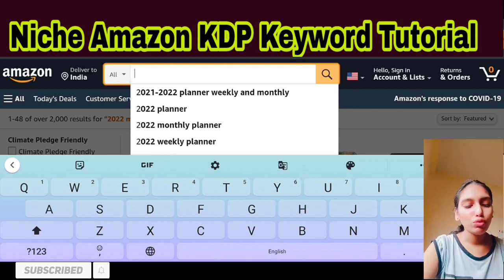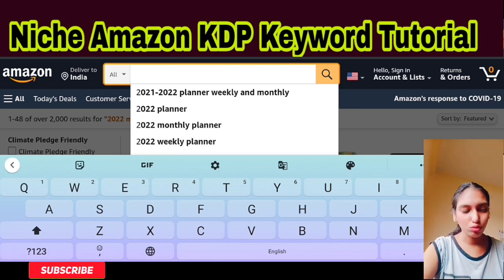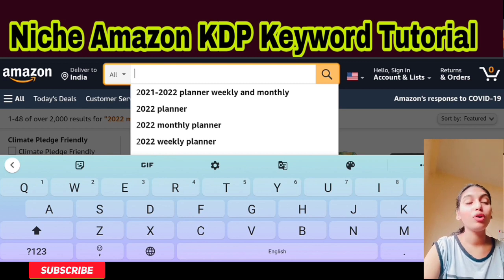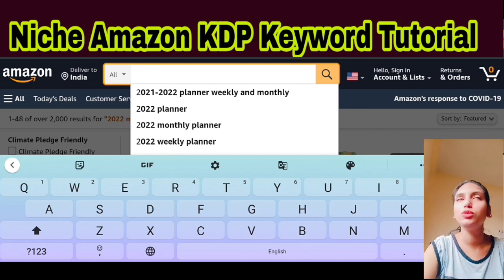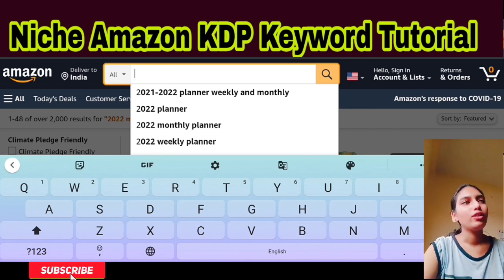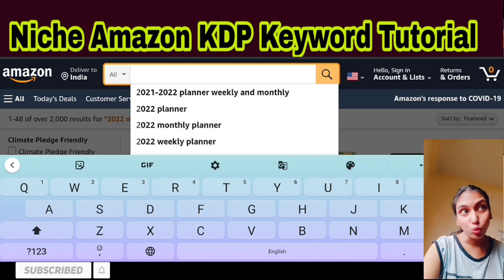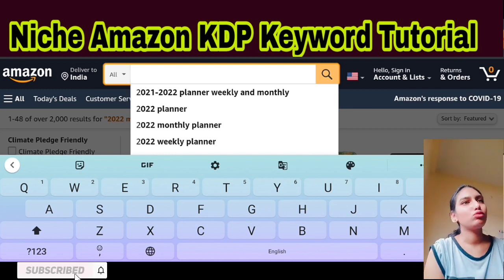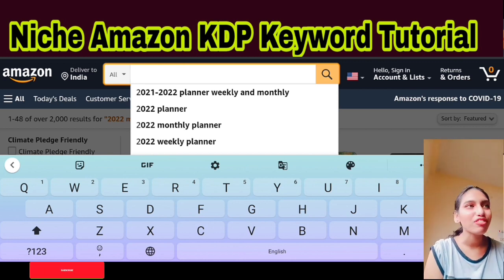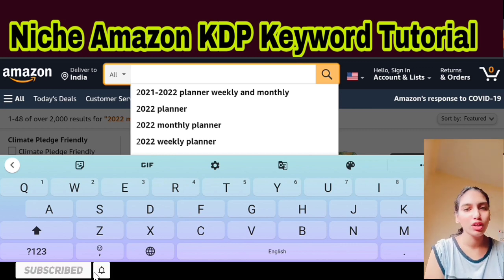So during Q4, two things you can do: either create books on Christmas and Thanksgiving so that people are going to buy for the festival season, or the other thing you can do is you can create books for 2022, for the new year. Because for the new year also people buy during Q4 only, because in Q4 there is Black Friday, there is sales, there are a lot of discounts and offers.